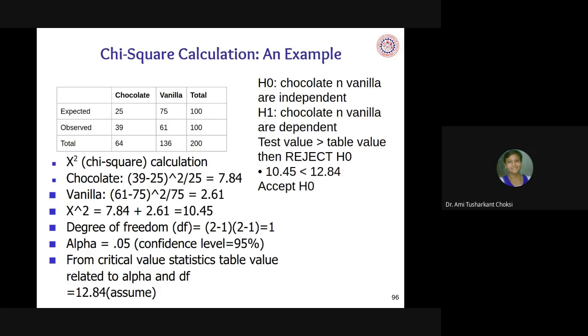Keep that in your mind. If expected values are not given, we need to calculate them. How? That we will see.